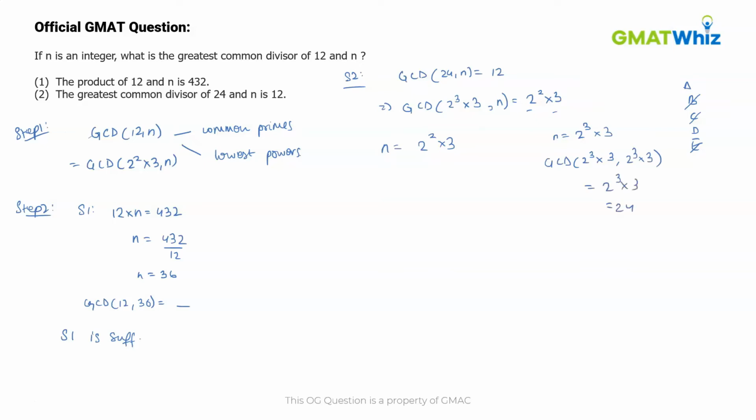The statement states that the GCD is 12. So the power of 2 cannot be 3. Hence the maximum power of 2 should be 2.